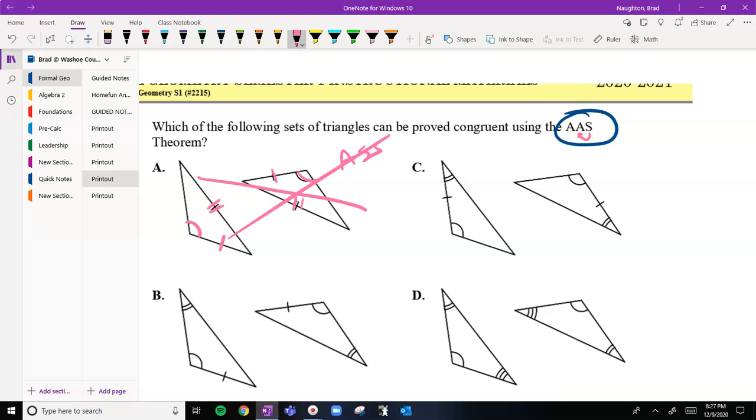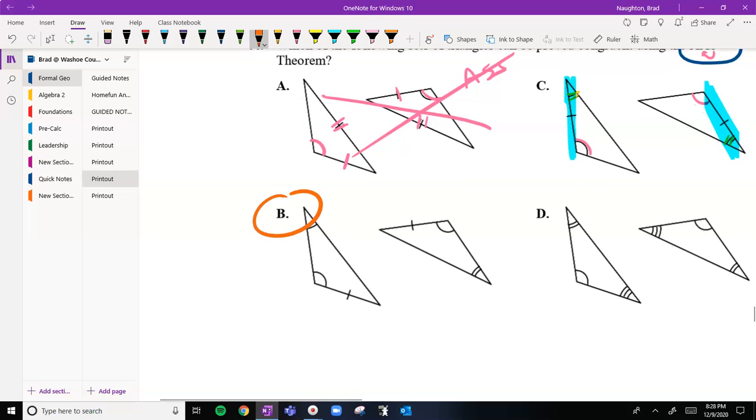If we look at this one here, C, those are our angles, another angle, and then the side in between. So this one is going to be angle, side, angle, but not what we're looking for. So that means our answer has to be B here, because it goes angle here, and angle here, and then the side only touches one of my angle marks.